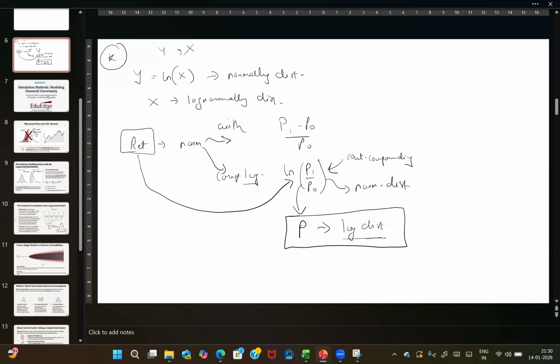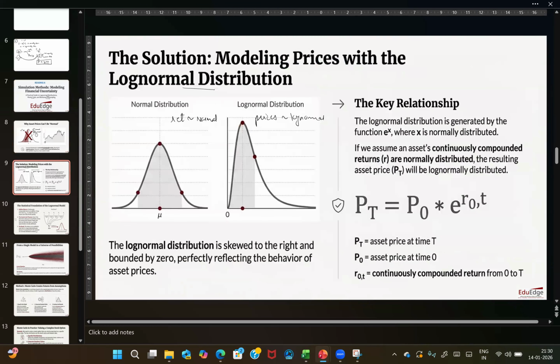So always remember returns can have negative values. So returns can be modeled as normal distribution. And since returns are written as ln of P1 by P0, P is log normally distributed, or prices are log normally distributed. So this is a bit of backdrop on this slide.